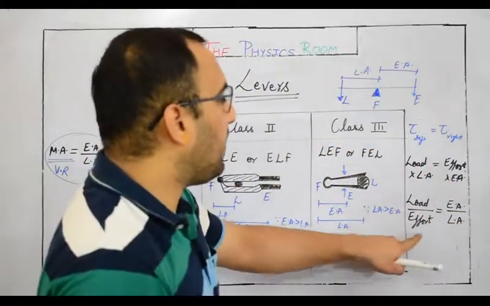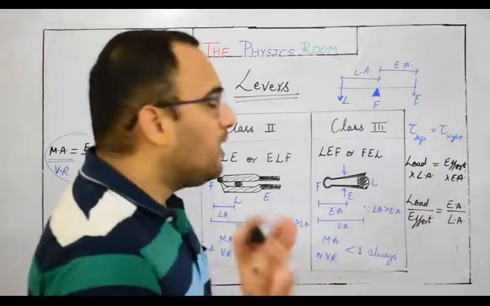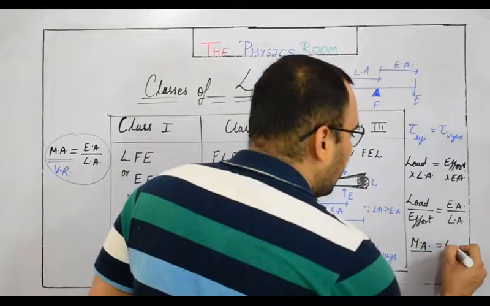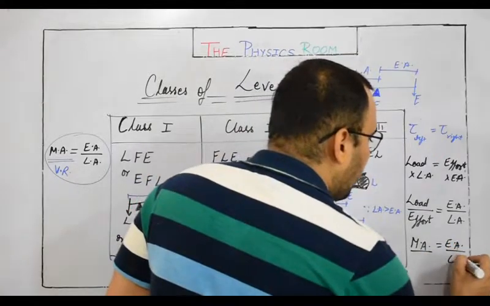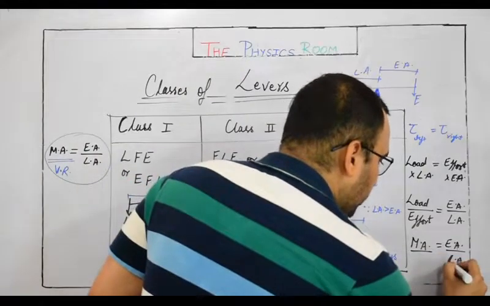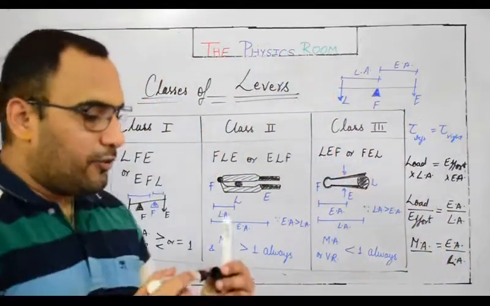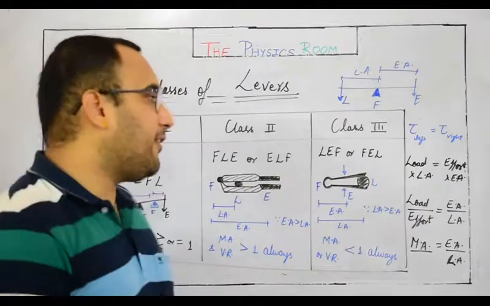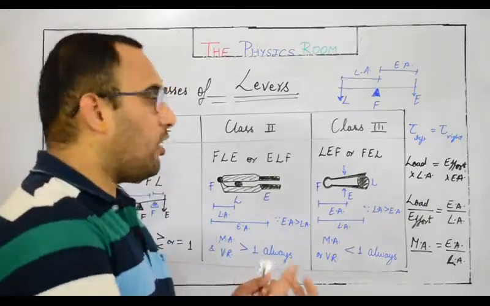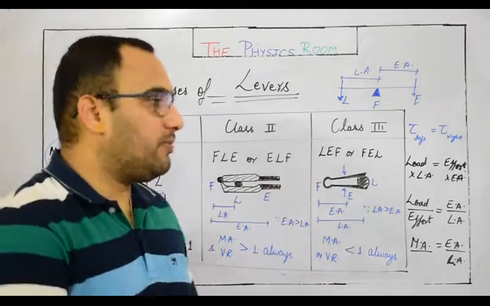Means load upon effort equals effort arm upon load arm, and load upon effort is mechanical advantage. So mechanical advantage equals effort arm upon load arm, right? So basically we are going to use this expression, this principle, to solve the numerical problems related to the lever section. Okay, so let's try to solve a few questions related to this section.